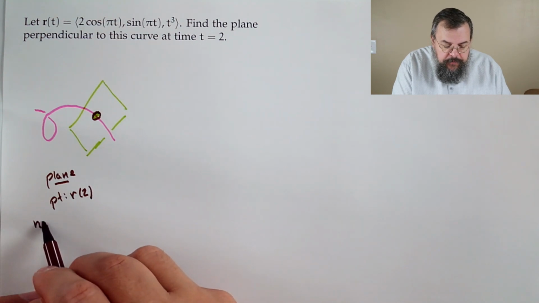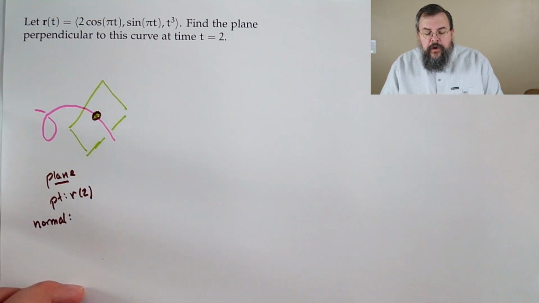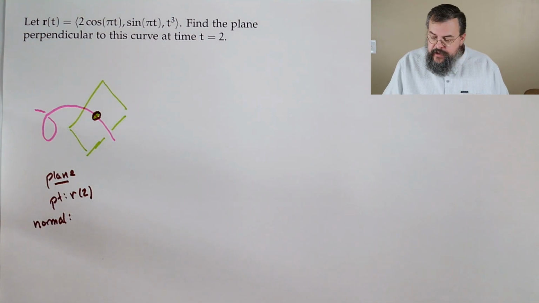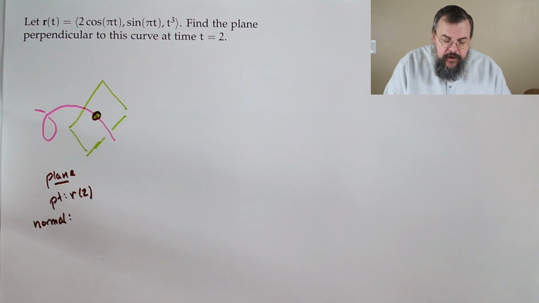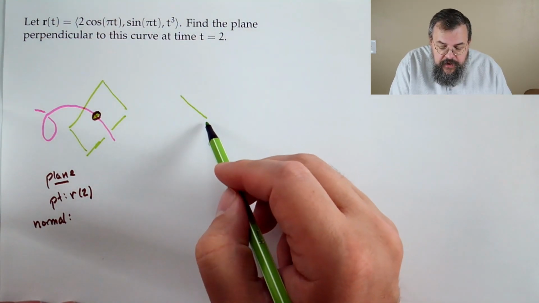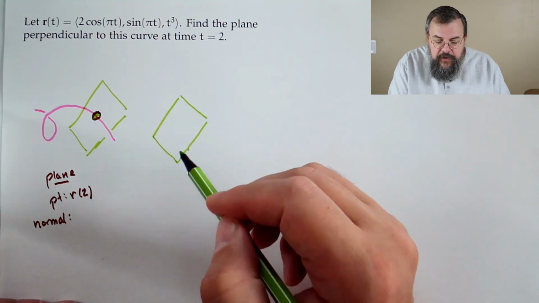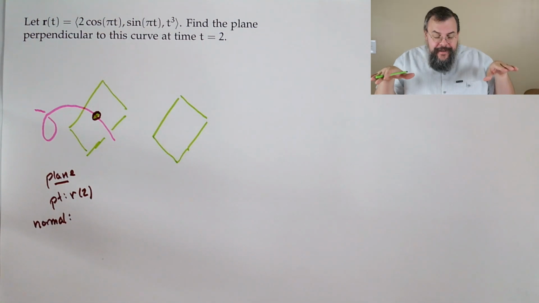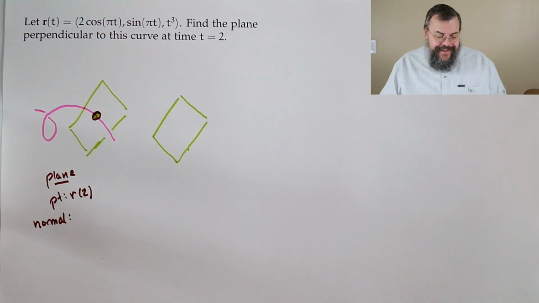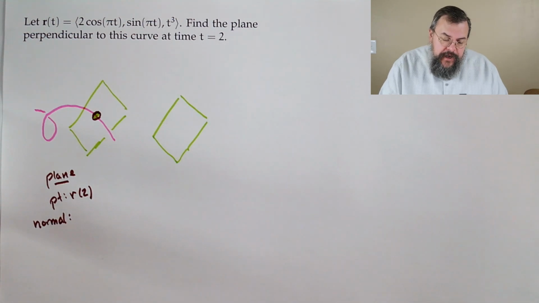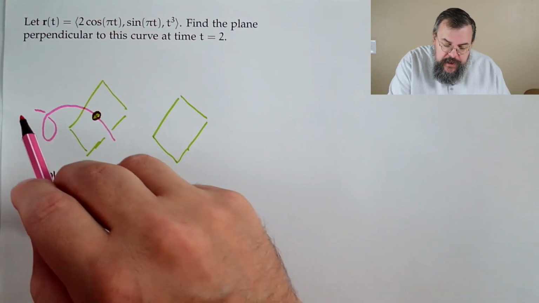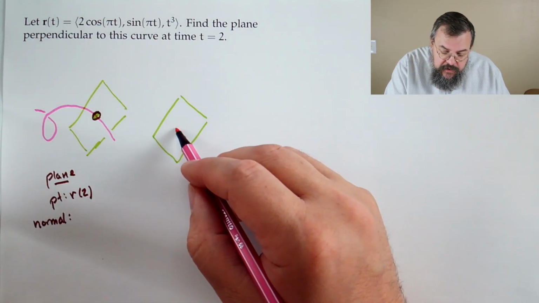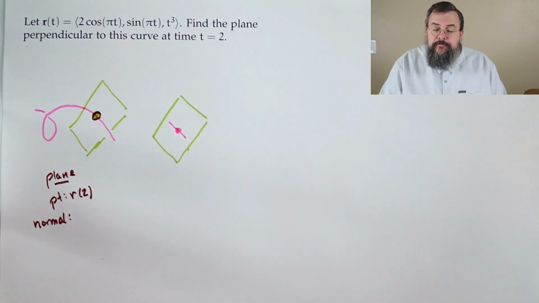How about the normal? Well, what you can think of happening is if you were to zoom in on our picture here, we'll still see the same plane, because if you zoom in on a plane, it looks like a plane. You zoom in on a flat thing, and it's still flat. But on the other hand, the curve, originally it was curvy, but now it comes through in a nice perpendicular fashion.